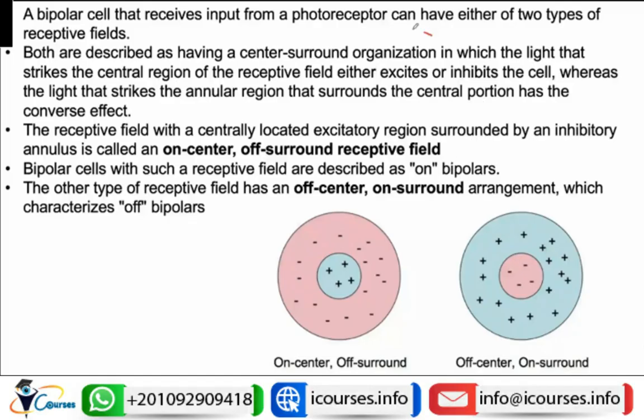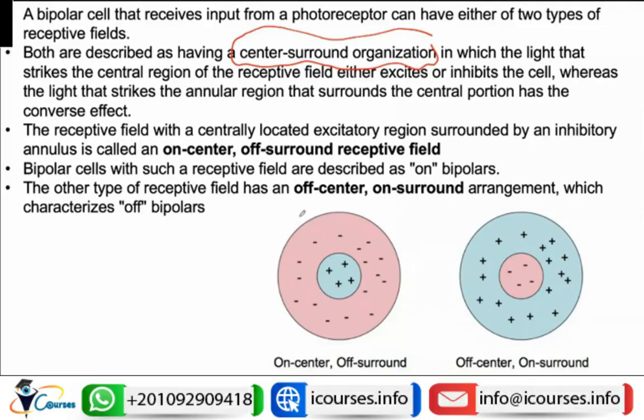So what is the center surround organization? This means that the bipolar cells will have a configuration of different sensitivity between the center and the periphery. So they form what is called a receptive field.